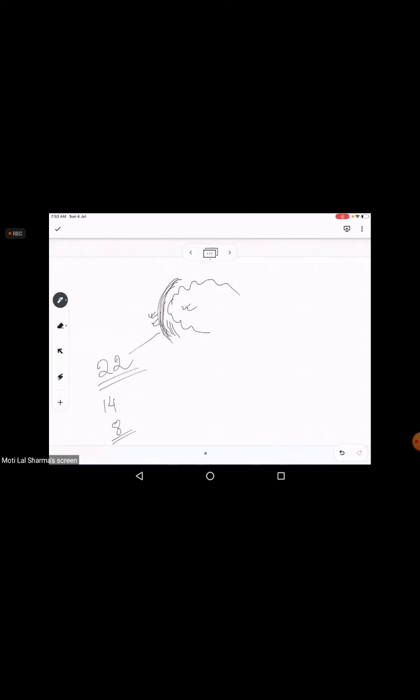These three protective layers are the meninges. Remember, meninges are the three protective layers which protect your brain and spine both.